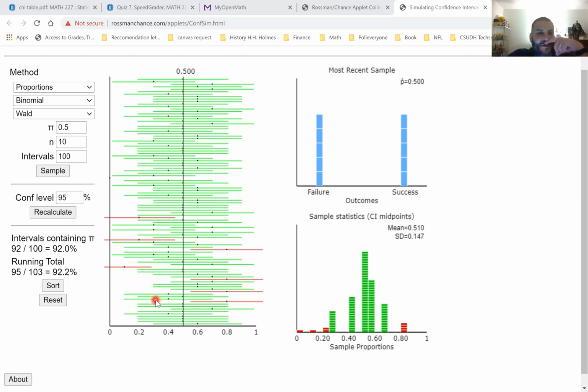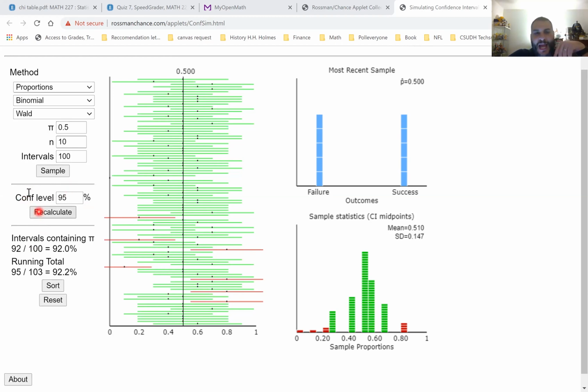All right, so how many red do we have? Cool, 7. So if we have 7 red and I did this 100 times, how many green do we have? Cool, 93. The way the green and the red work depends on your confidence level. What did I put my confidence level to be? Cool, 95%.